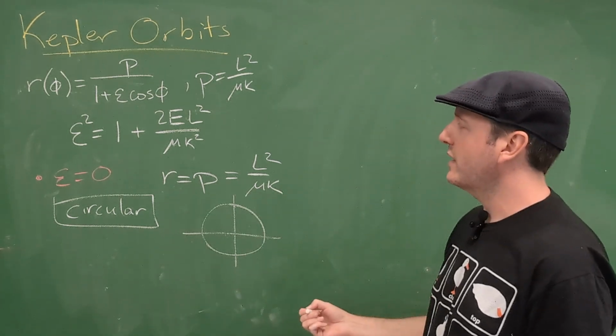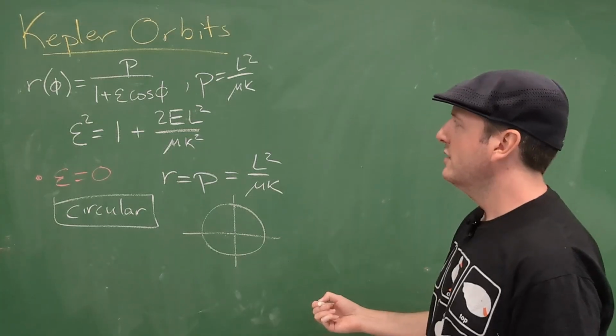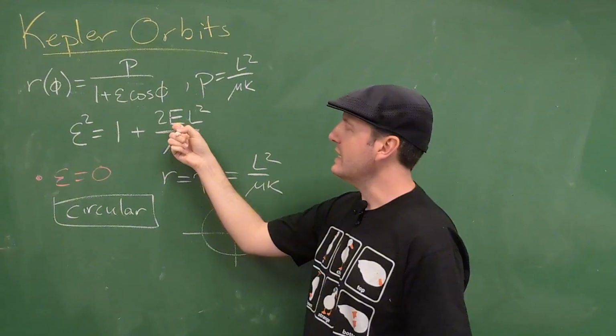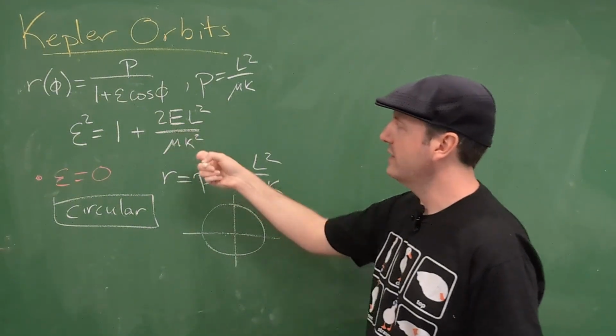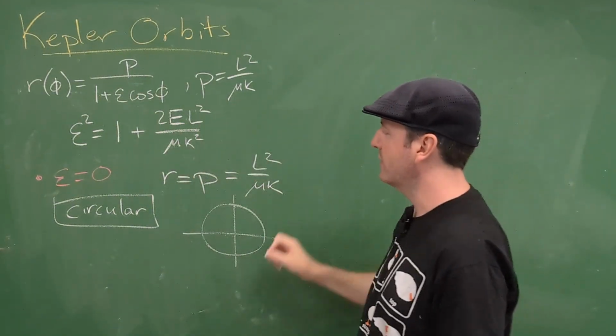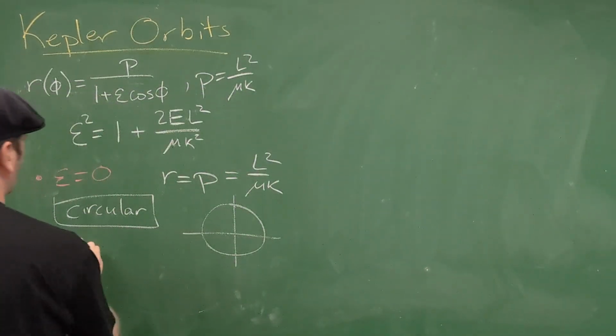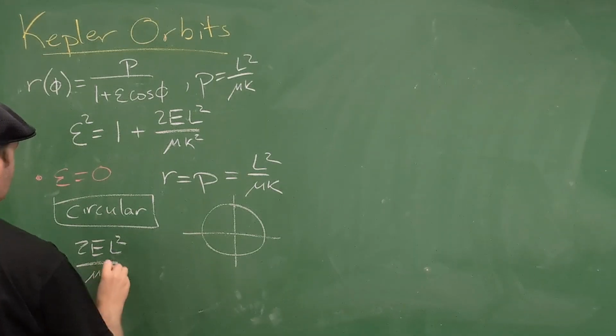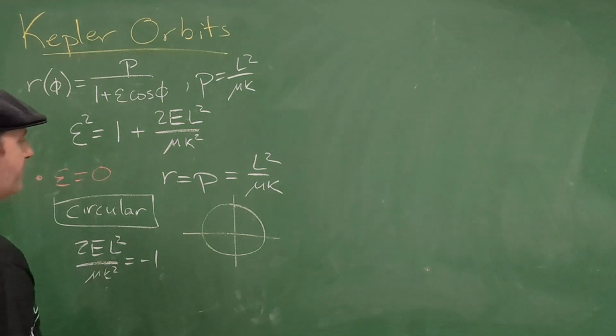Now, this is fine. It does mean that we can go calculate the energy as well, because remember, if I need this whole thing to equal 0, I should be able to write E directly in terms of L, mu, and kappa. So 2 times E times L squared over mu kappa squared should equal -1.